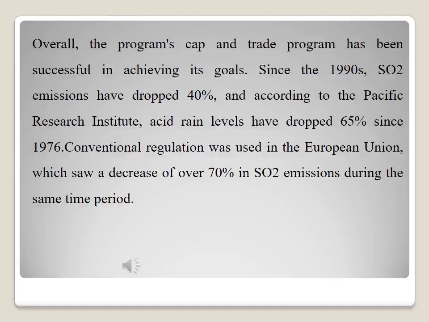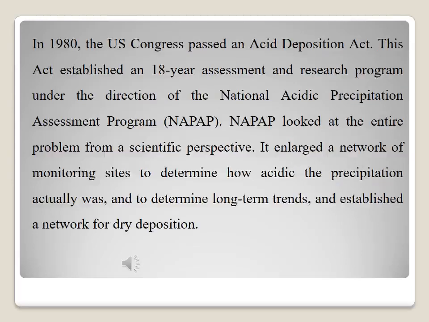Conventional regulation was used in the European Union, which saw a decrease of over 70% in sulfur dioxide emission during the same time period. In the 1980s, the United States Congress passed an Acid Deposition Act.